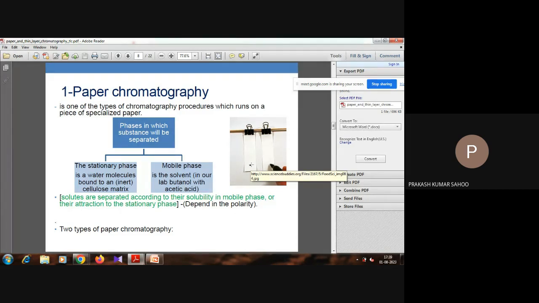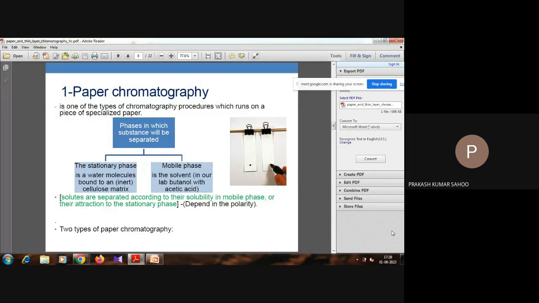have the advantage of being simple, fast, and inexpensive. These methods are very simple. Anyone can do this by knowing the general principle, and these are also inexpensive, and it takes only a few minutes for this experiment. These are very fast.